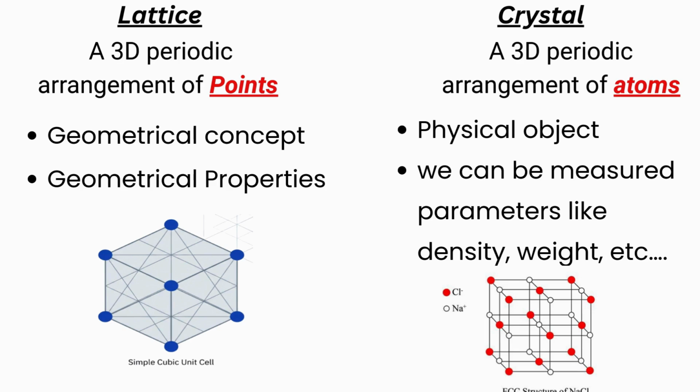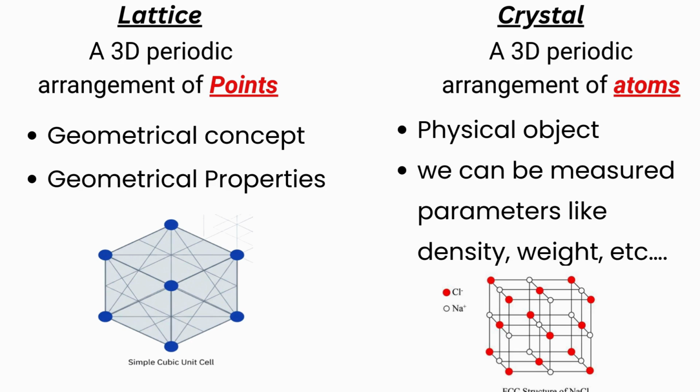Already we discussed that a lattice is a 3D periodic arrangement of points. It is a geometrical concept and has geometrical properties, such as length and angle. Those things we are able to measure from the lattice.